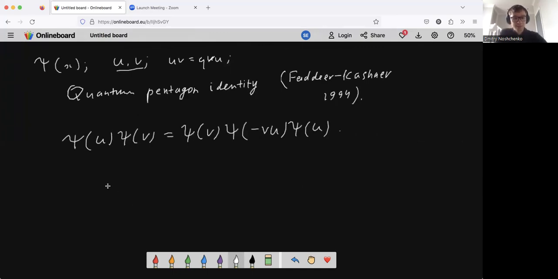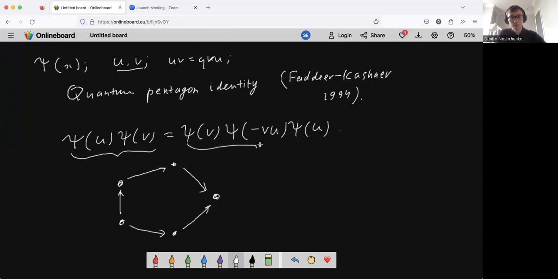Why this is called a pentagon: you can draw it diagrammatically as a pentagon, with a path which has 3 steps and a path which has 2 steps. The one with 2 steps is on the right-hand side, and the one with 3 steps is on the left-hand side.